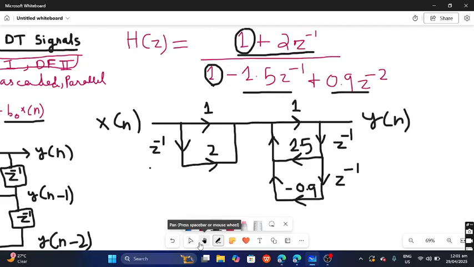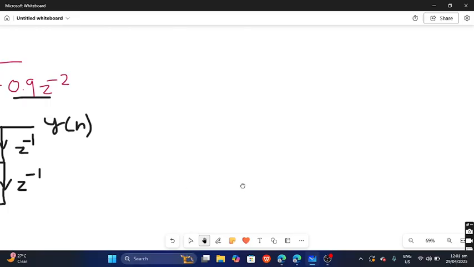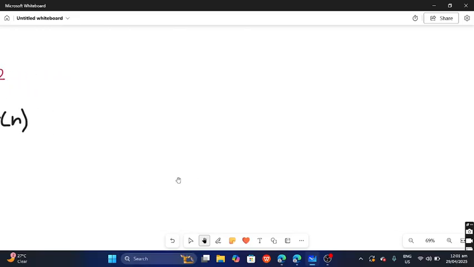Now we will make the direct DF2 structure. I will take an example.